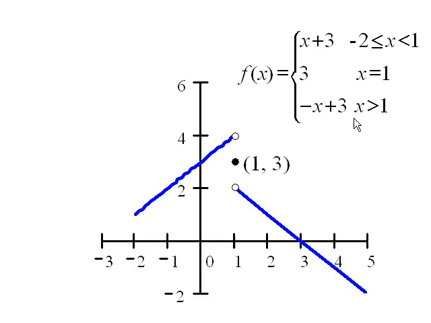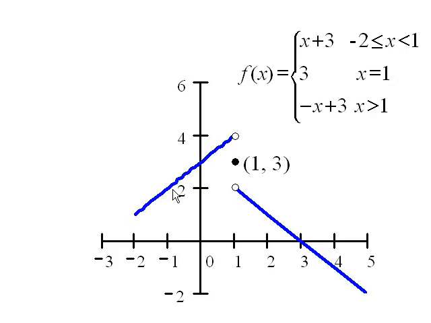Now let's look at what the graph of it looks like. Since the function was defined in three cases, the graph shows up in pieces. This is the significance of it being piecewise. f of x equals x plus 3 for minus 2 less than or equal to x less than 1.